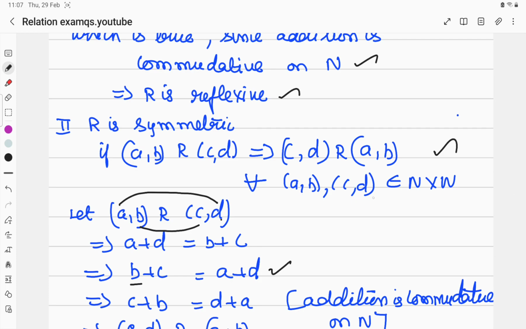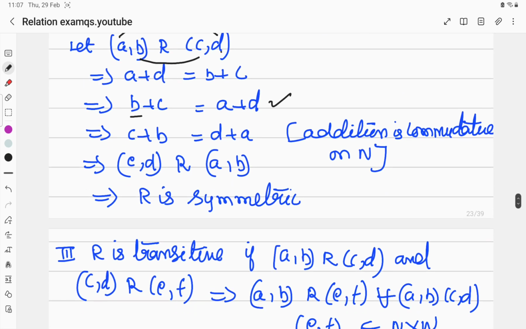We have to prove (a, b) is related to (c, d). R is symmetric.